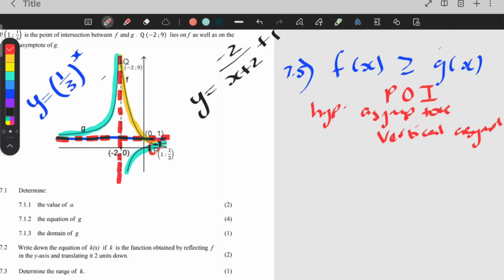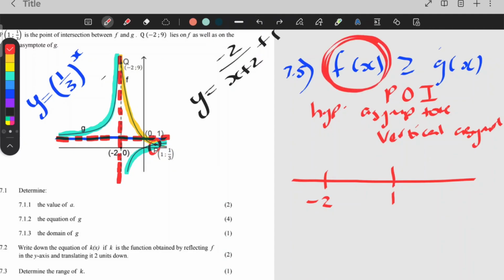It's this one over here. It's P. So P is 1, the x value. We only look at the x value. It's 1. Then let's look at the asymptote. The asymptote is negative 2. So we are going to look at what happens before the asymptote, what happens between the asymptote and the point of intersection, and what happens after. Okay?